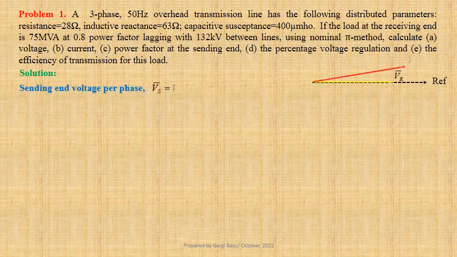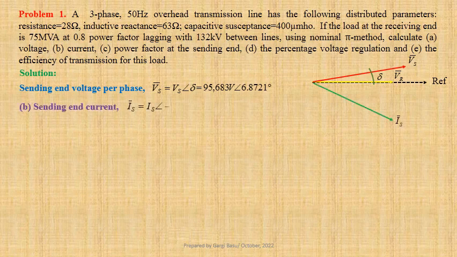Vs equals to Vs at an angle delta equals to 95,683 volts at an angle 6.8721 degree, and sending end current Is equals to Is at an angle minus phi 1 equals to 306.73 ampere at an angle minus 32 degree.